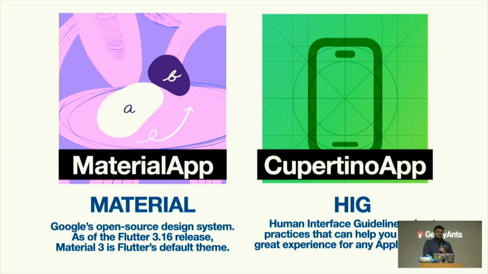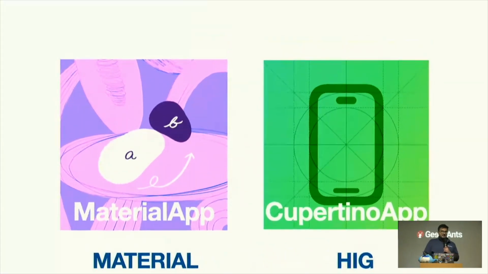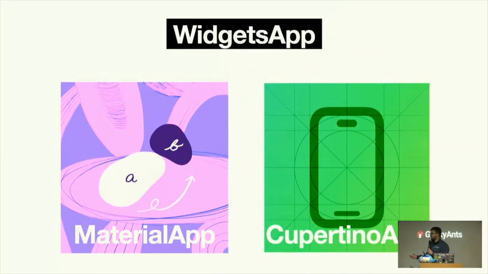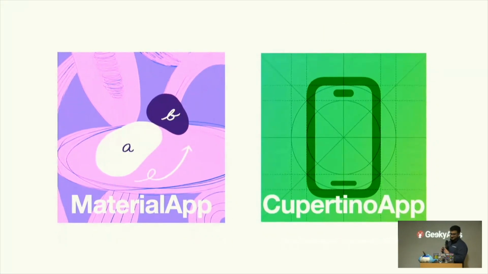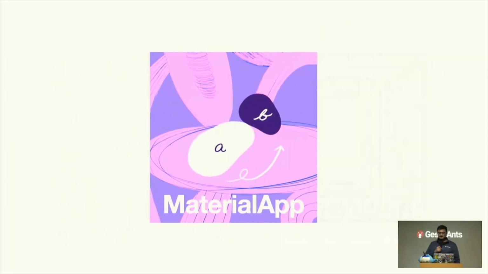So generally, when you're starting out an application, you would see at the start of it, like you either specify a Material app, a Cupertino app, but there is also another which is called Widgets app, which we wouldn't be covering in this presentation as such, but it is important to know like there is a third one there, the Yoda meme, I think.